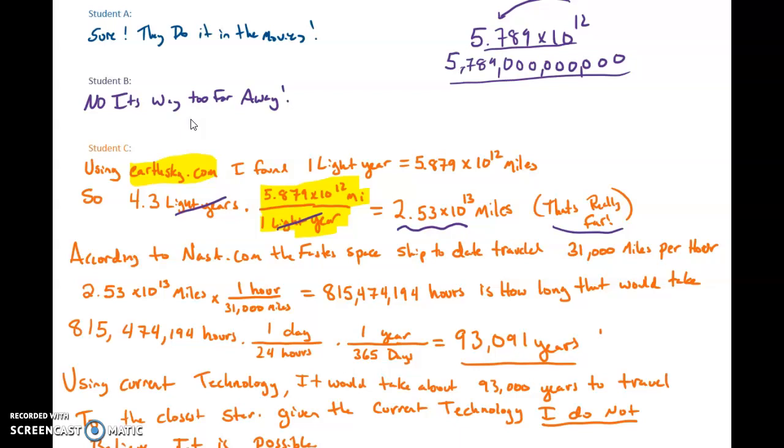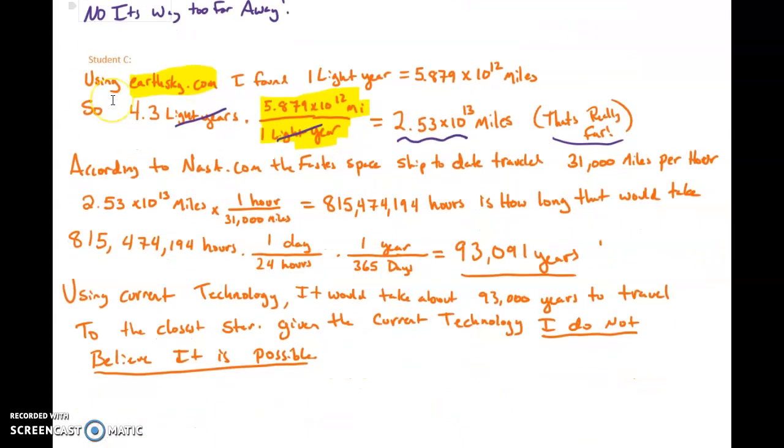This tells them that 815,474,194 hours will be 93,091 years. Then they said, "Using current technology, it would take about 93,000 years to travel to the closest star. Given current technology, I do not believe it's possible."